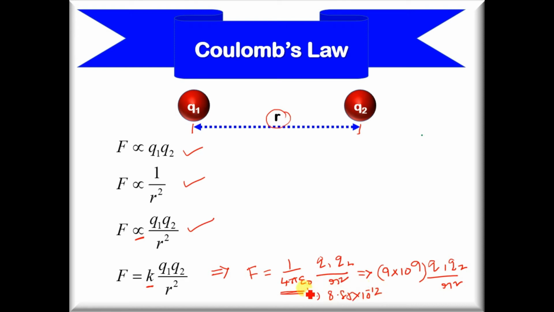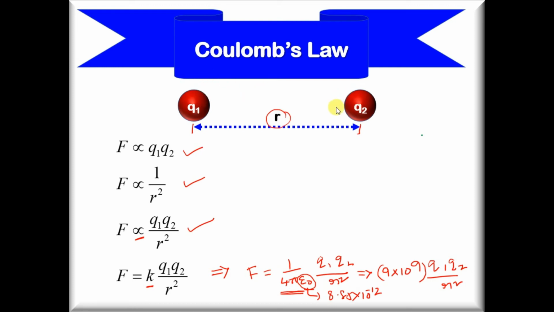Now what will happen, as I mentioned here, one important thing is epsilon naught is the permittivity of free space. That means the medium present between these two charges, if it is air, is nothing but this one.